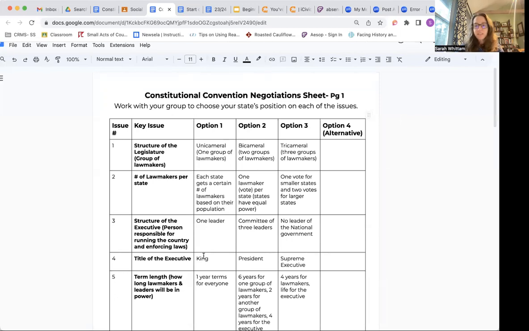Okay, once you have done that with your group, you have done what you need to do to prepare for the convention. And after that point, you can go back to working on your state sign, or you can do some independent work, either reading or working on your student-led conference slides, okay?